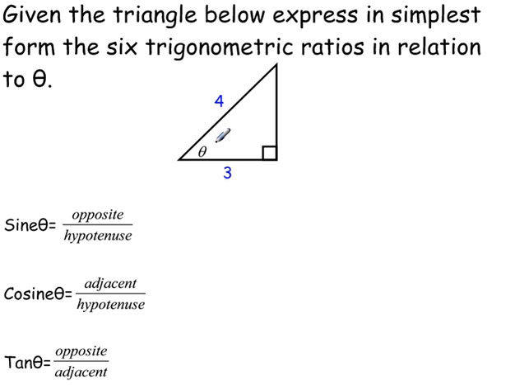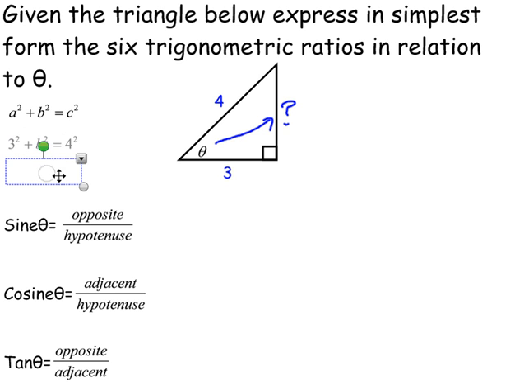So it would be the opposite side, which is this missing side here, over the hypotenuse. So the problem we run into is that we don't have the opposite side of theta, so we have to find it. Since this is a right triangle, we can use the Pythagorean theorem to find the missing side.